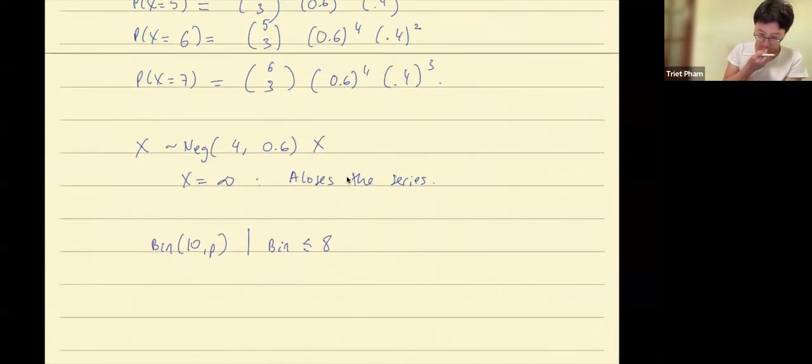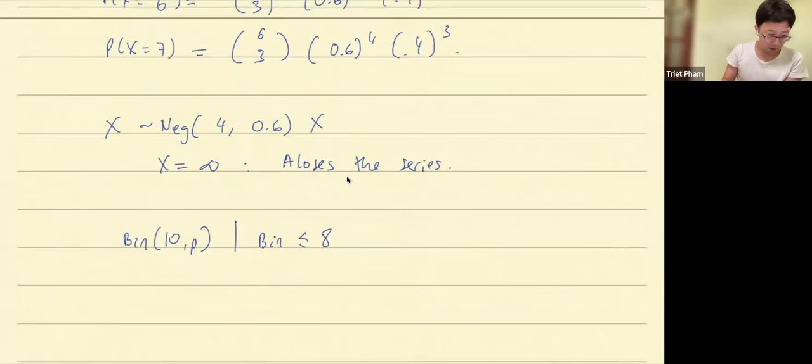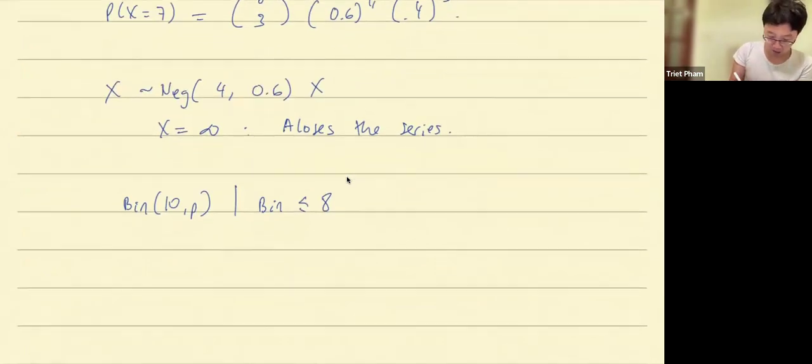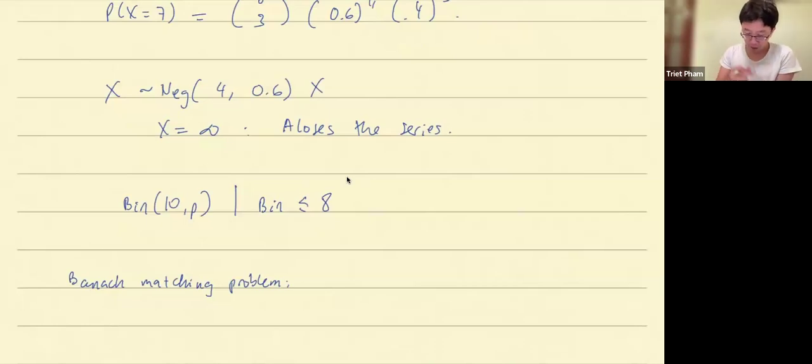Okay. So with that said, let's go back to the Banach matching problem that we looked at last time, but did not finish. So what's the problem? The problem is about a person, a mathematician, whatever, with two boxes of matches, on the left and on the right, both initially containing n matches.